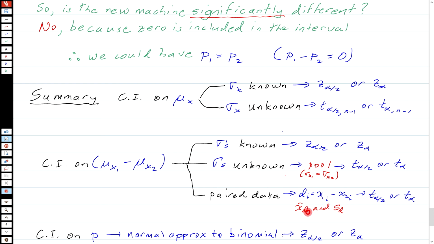And then we evaluate D bar and SD, and then we proceed as we did with a single sample, as we did for the mu x in the first case above. But in this case, we don't know the standard deviation, so we're using t.